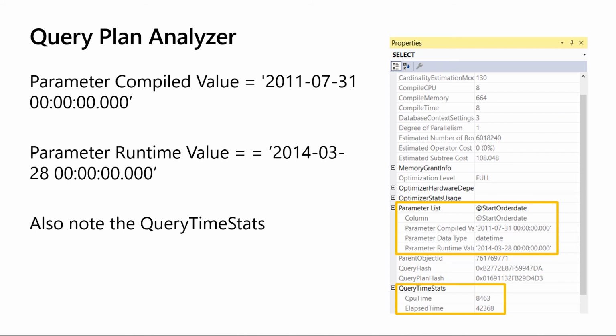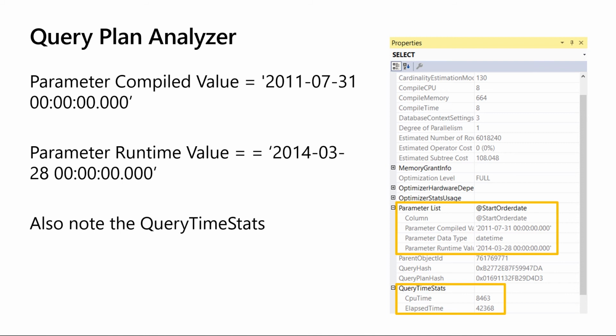However, this is not optimized for other executions. We see there that the parameter runtime value for the plan that I'm analyzing, that I've determined is not operating, let's say, at peak efficiency, is a different date. And this different date would likely have a better plan if it had been compiled specifically for it.